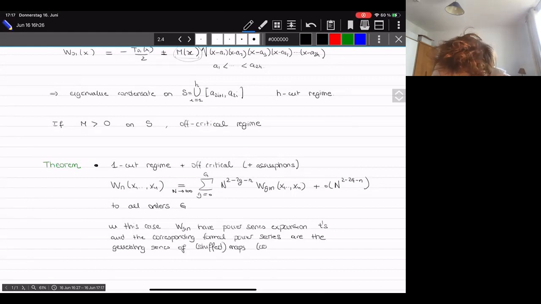So they are the correlators of the formal matrix model. So that's a situation in which the formal matrix model and the convergent matrix model somehow agree.